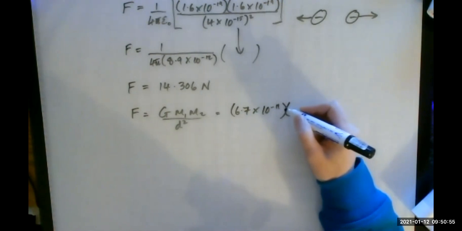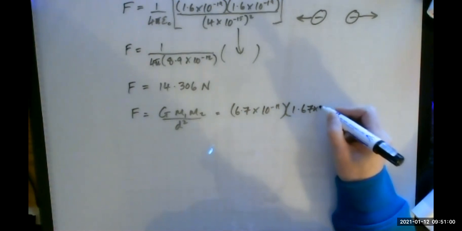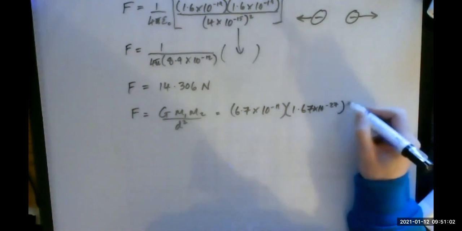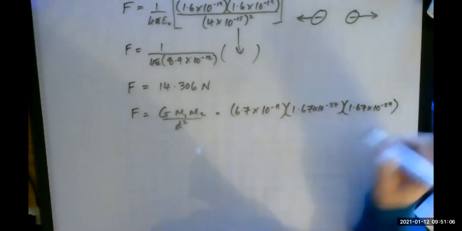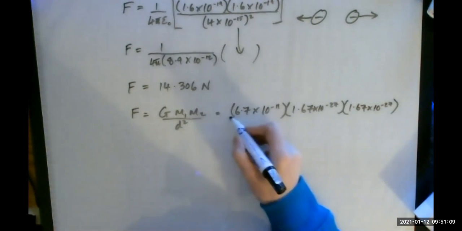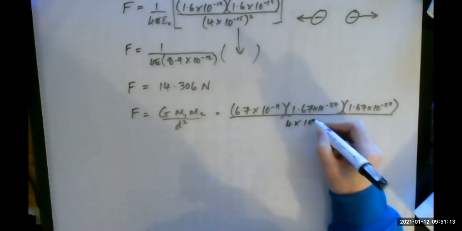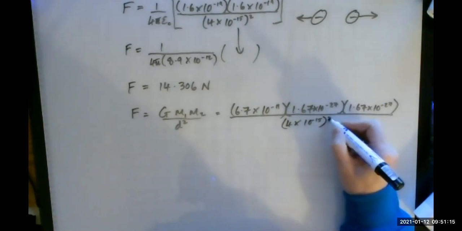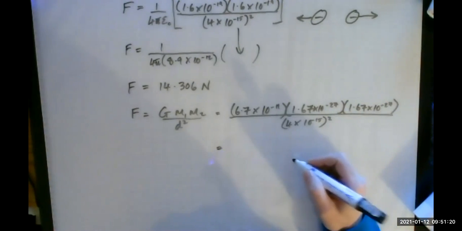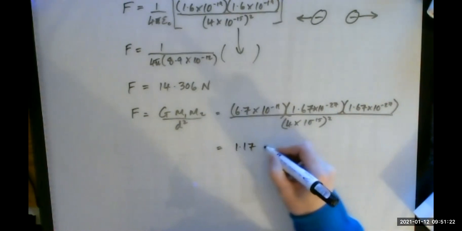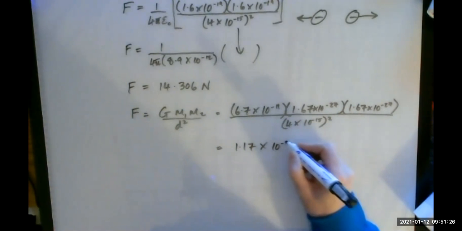Then the mass of the other proton is 1.67 by 10 to the power of minus 27, times 1.67 by 10 to the power of minus 27, over 4 by 10 to the power of minus 15 squared. Putting this in the calculator, we get 1.17 by 10 to the power of minus 35 newtons.